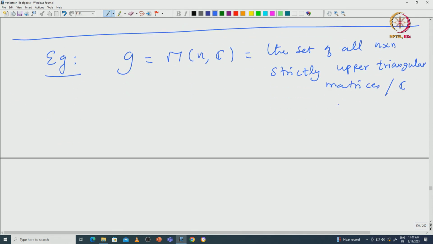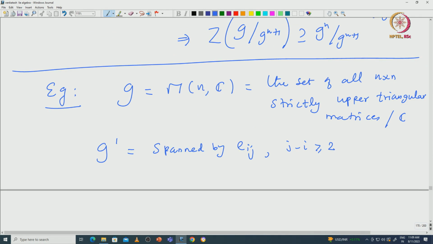So, we claim that this is indeed nilpotent. Let us consider this example, the set of all n by n strictly upper triangular matrices over C.